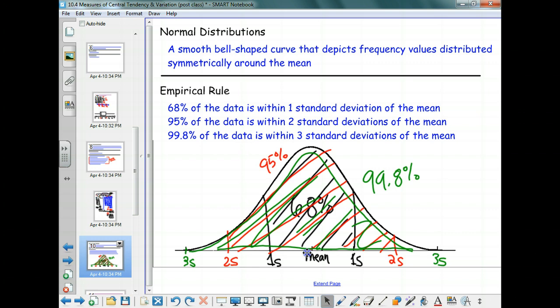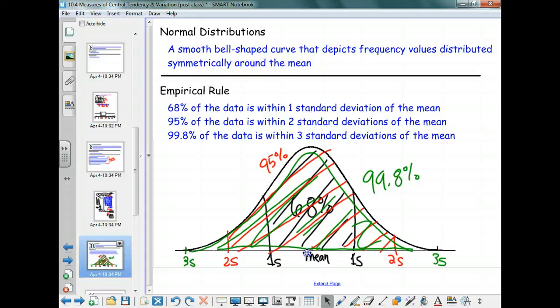Okay, so nearly all of the heights of people fall within 3 standard deviations of the mean. Nearly all weights of football players fall within 3 standard deviations of the mean weight. Okay, if something is normally distributed, then that's what's going on.